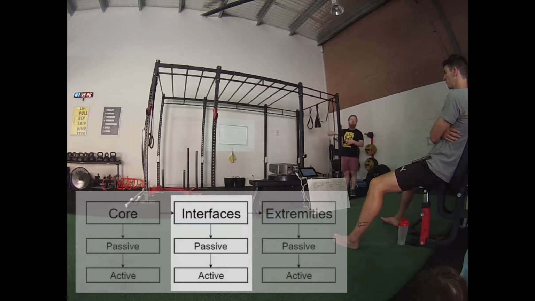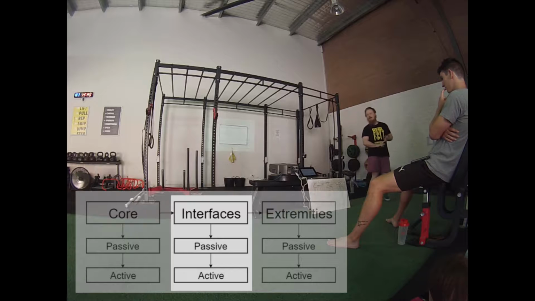Go to the interfaces. Doing a deadlift, what's under more stress, the hips or the shoulders? Anyone? Hips? Yeah, massively. So let's have a look at the hips. Passively, does he have the range to get there with hip flexion? Of course he does. Because if he does it at lower weights, it looks exactly the same, but he doesn't commit the fault. So we know it's not a passive issue.